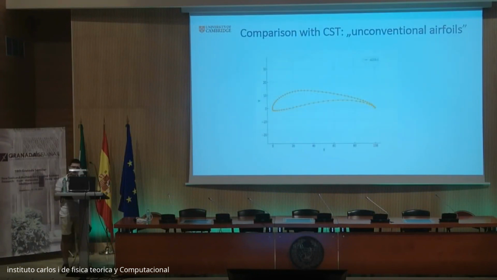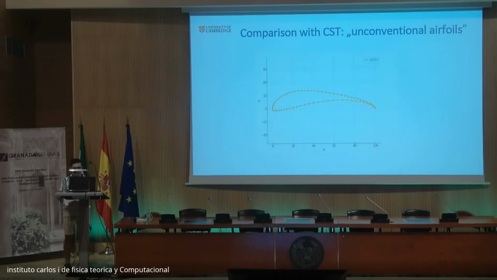Now let's talk about some unconventional airfoils. What I mean by unconventional is that if you look at the top surface, you will see that it has basically the same shape with a very high tip that slowly goes off. But what I would mostly like to focus on is the bottom surface of the airfoil. You can see that there's basically an oscillatory term, and this is something that CST really does not like.